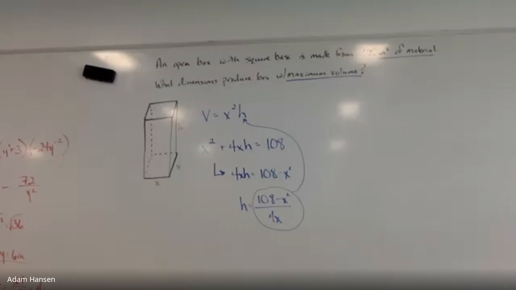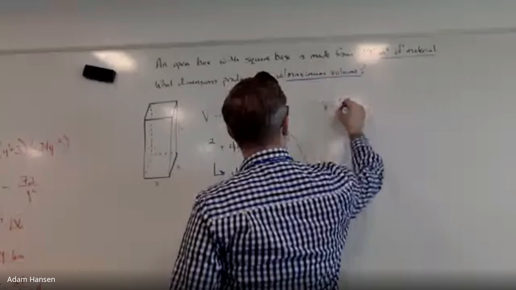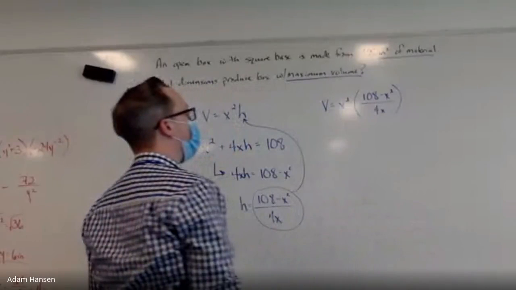And I will know that whatever box I have, the 108 square inches of material is going to be used to produce it. The volume equals x squared times the quantity 108 minus x squared, divided by 4x.